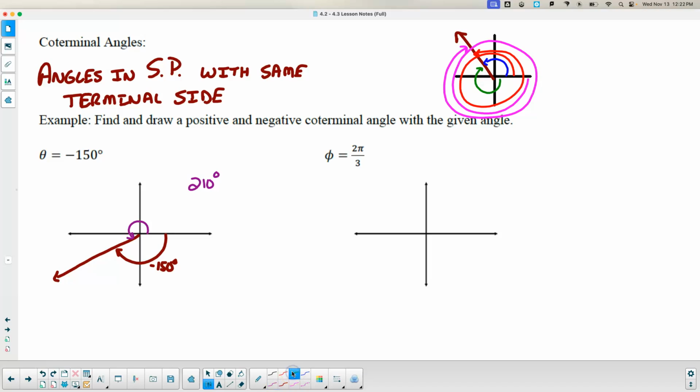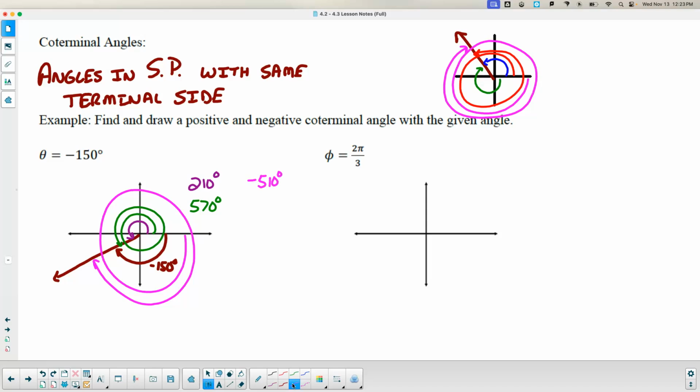I could also go there at 570 degrees. I could also go there at negative 510 degrees. I could also go negative 870 degrees.